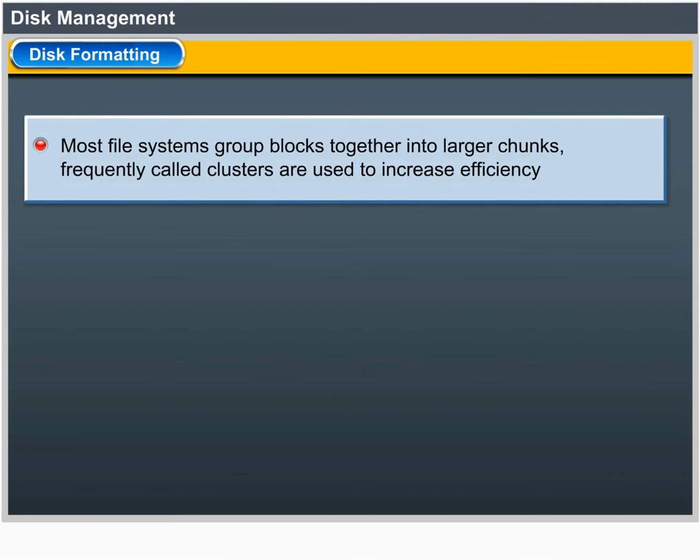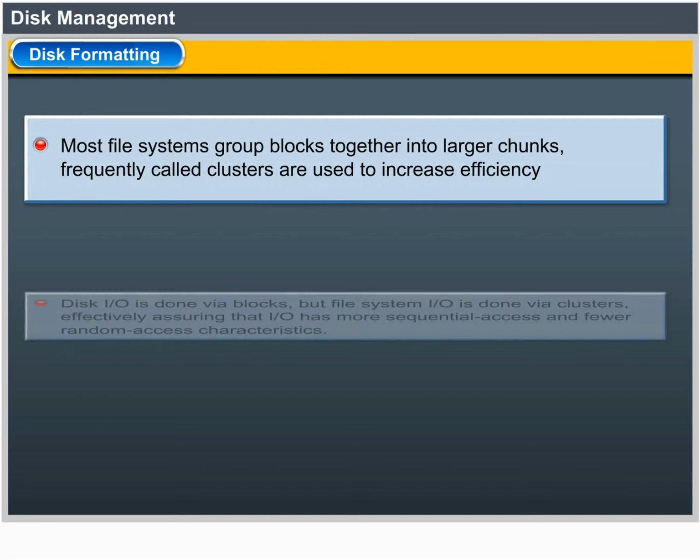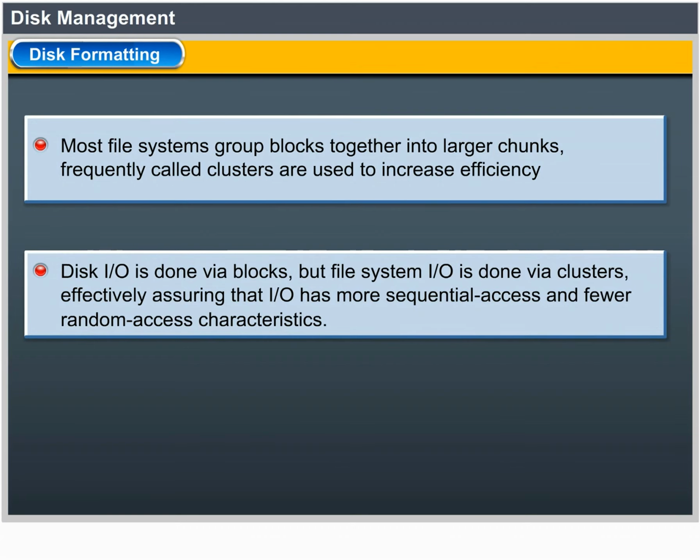To increase efficiency, most file systems group blocks together into larger chunks, frequently called clusters. Disk input-output is done via blocks, but file system input-output is done via clusters, effectively assuring that input-output has more sequential access and fewer random access characteristics.